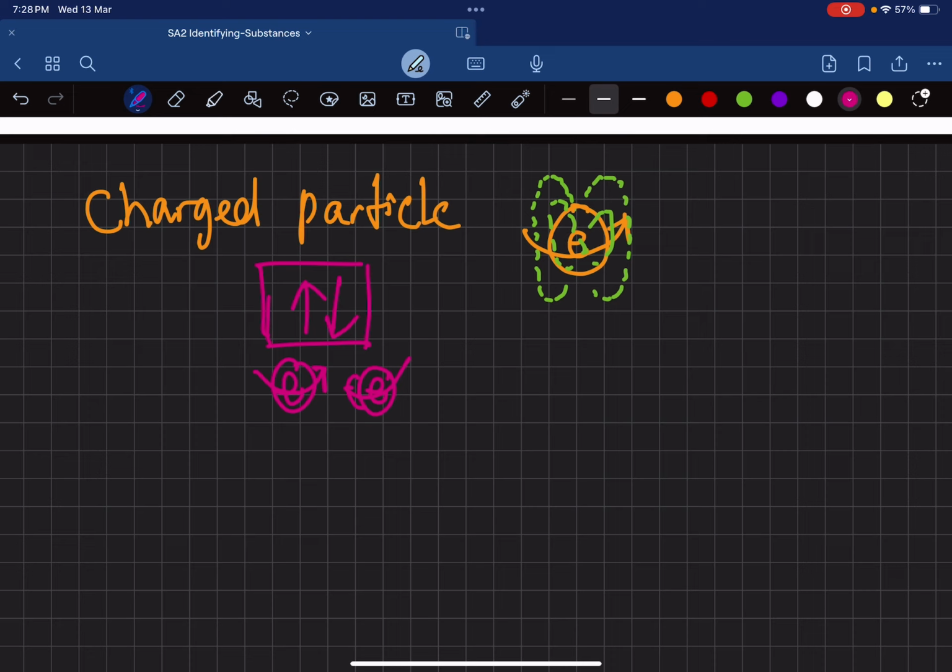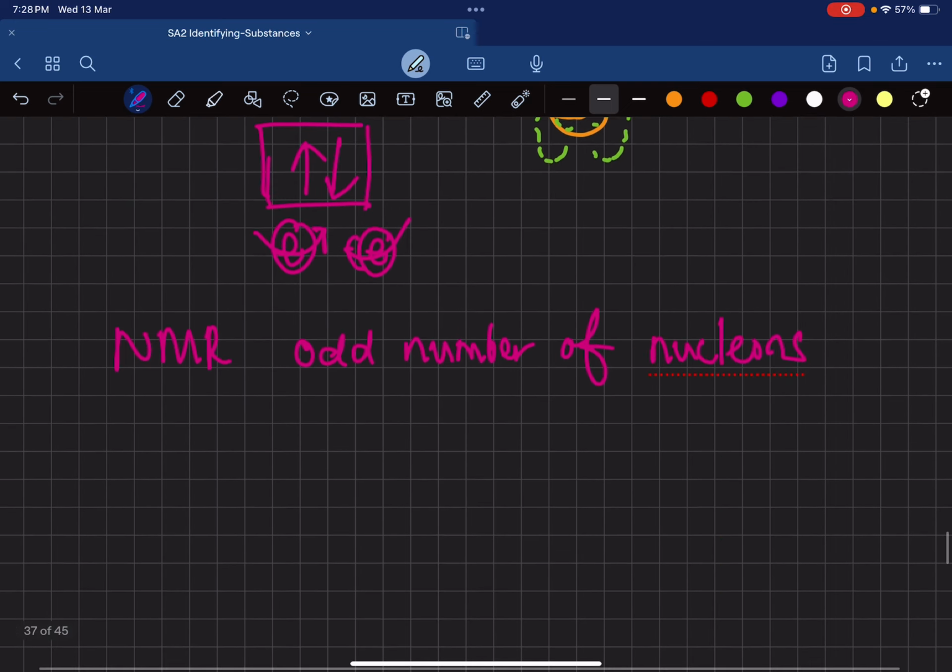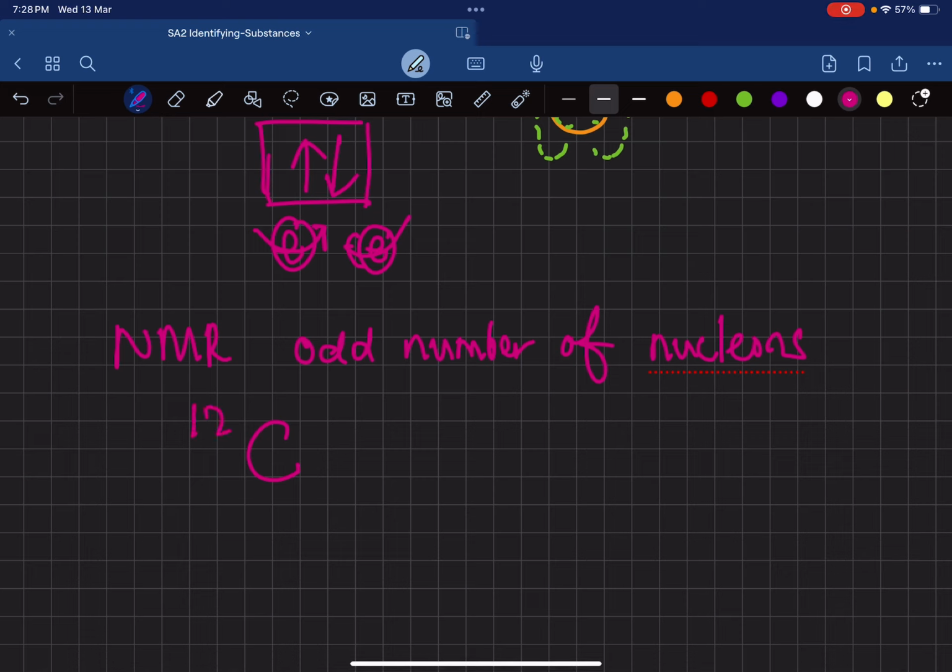So in this method, which we call NMR, this method only works with an odd number of nucleons. For example, carbon 13 (6) is odd, so we can do it, but carbon 12 (6) is even, so we cannot.